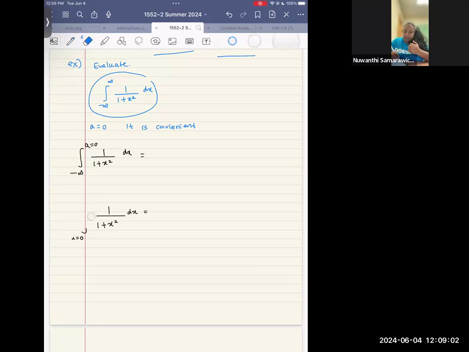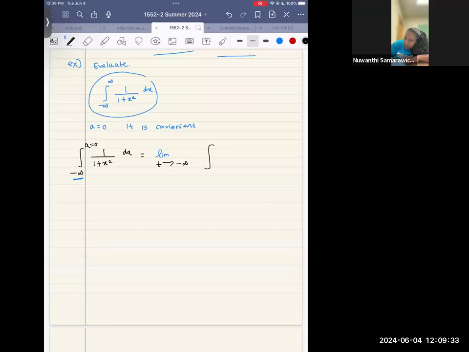So let's find first this part. How do we write this in limit? That's the first step. You should write this as a limit, because here it is negative infinity, so it's an improper integral. So I'll write it as limit, I'm introducing t, t approaches negative infinity, and here we have t to 0, 1 over 1 plus x squared dx.